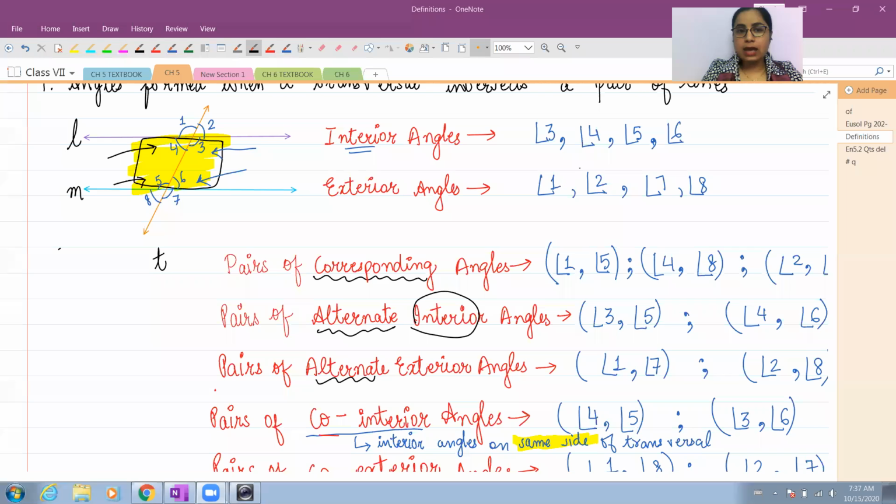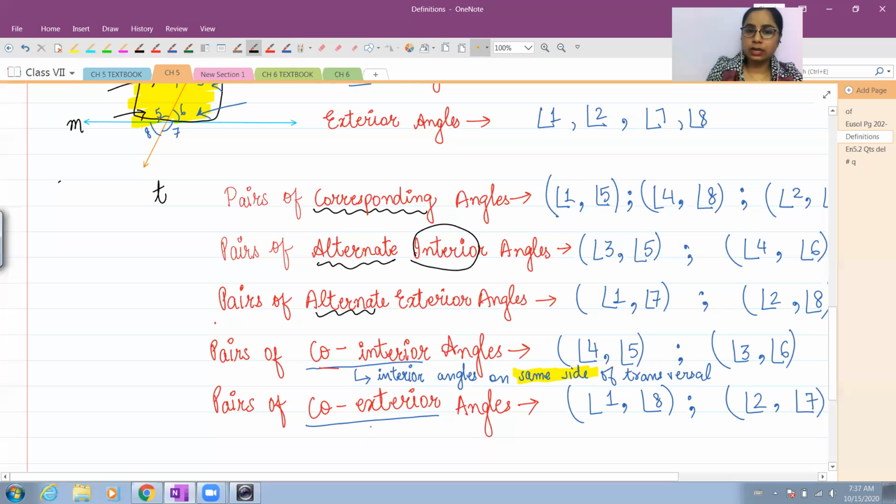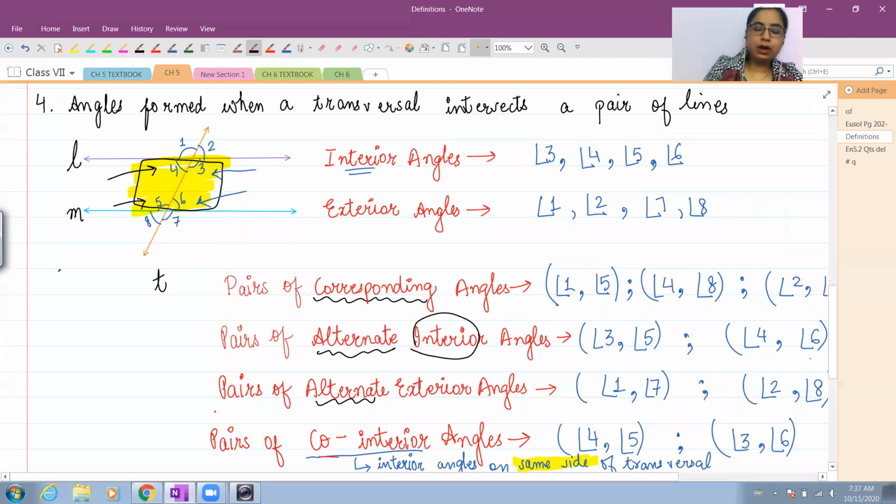And similarly, we are looking at co-exterior angles. Co-exterior angles will be the exterior angles on the same side of the transversal. So first of all, you should be able to identify which are the exterior angles in our figure. If I'm going to highlight, I'll use a different color.